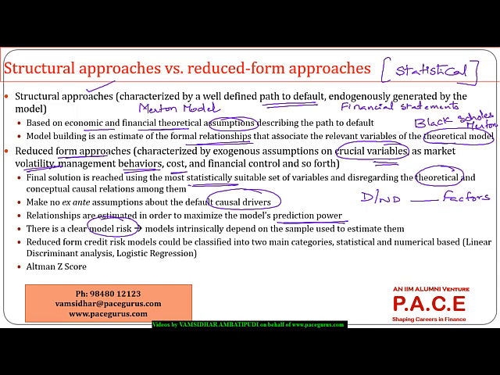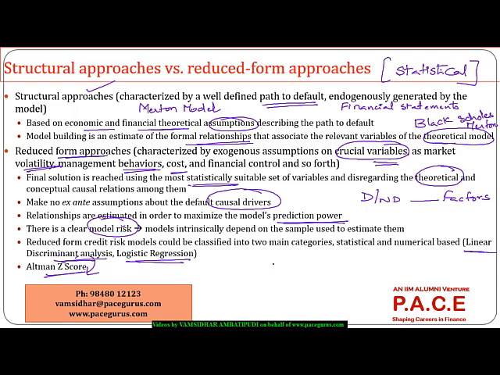We have different kinds of credit risk models which are based on the reduced form. I will be talking about linear discriminant analysis based models or logistic regression based models, which come under the reduced form models. We also have one of the most important discriminant analysis based models, the Altman Z-score, which is also a reduced form model, because the Altman Z-score also makes an assumption regarding the parameters that are going to influence the default.